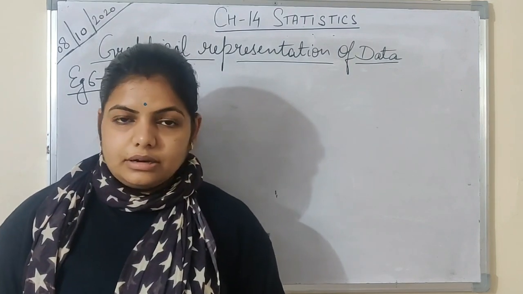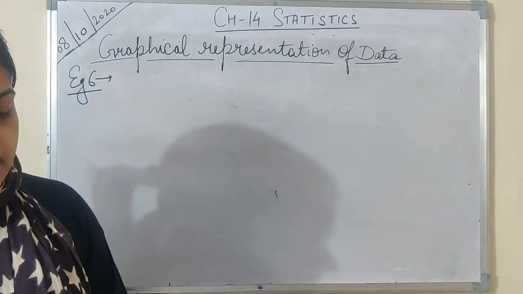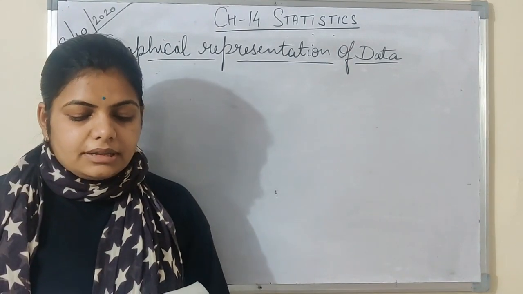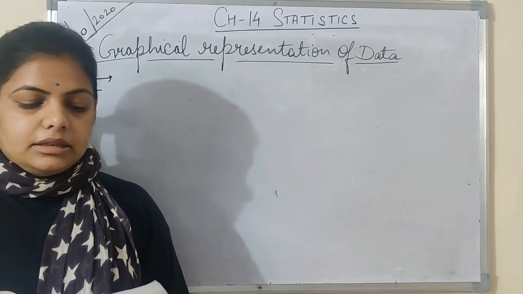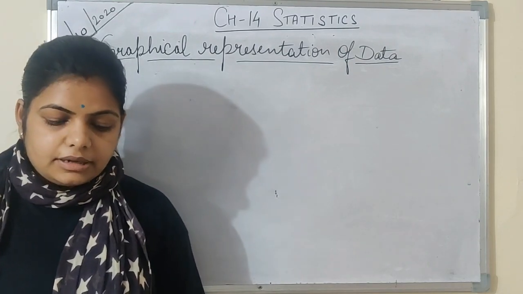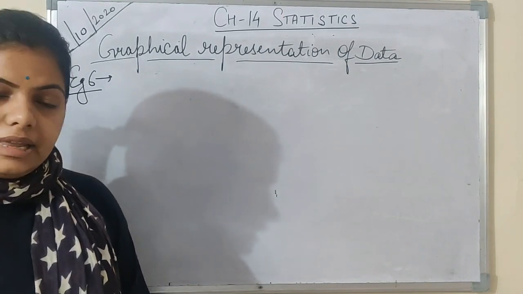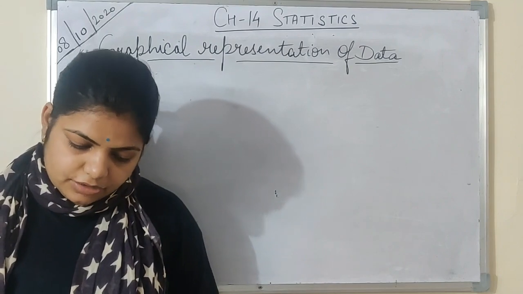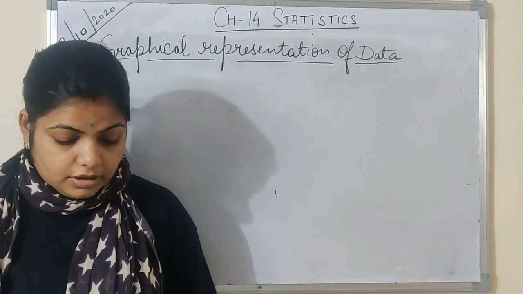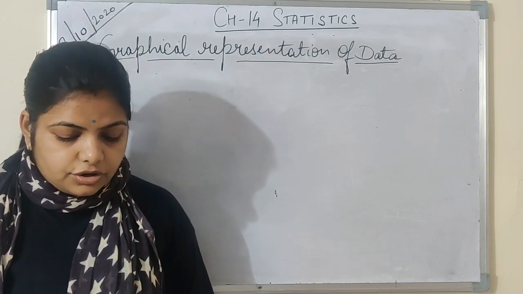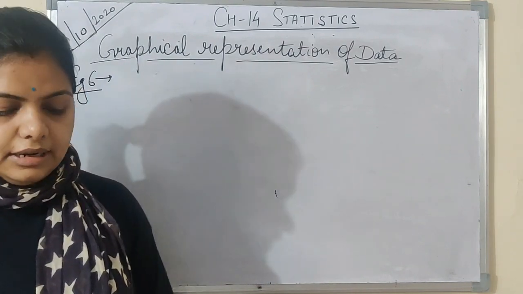I'm reading it. A family with a monthly income of rupees 20,000 had planned the following expenditures per month under various heads. One table is given. You can observe that in one column heads are given, and in the second, expenditure in 1,000 rupees. Then we have to draw a bar graph for the given data.